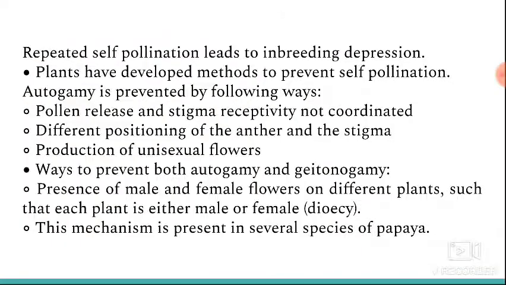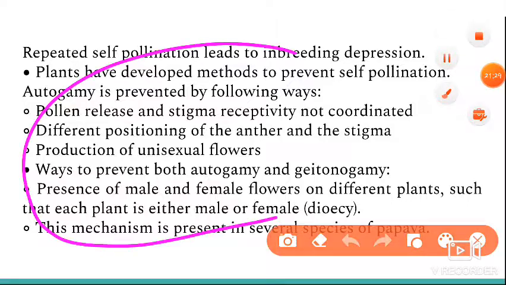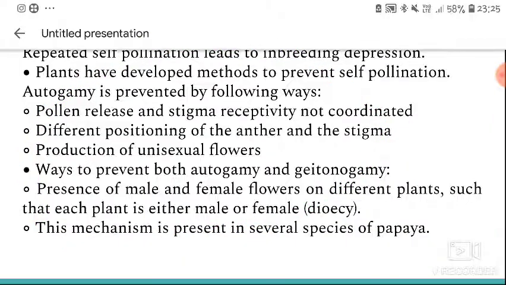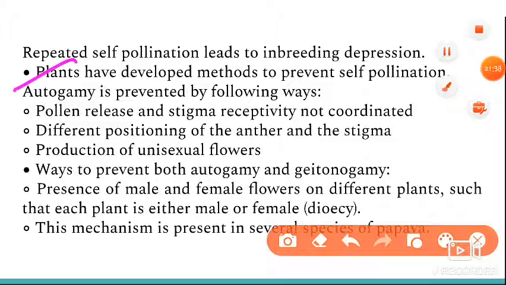These are the points I explained till now. You can remember or refer to all these points. Just go through these points, and along with that go through the NCERT textbook, and it is very easy to understand the concept. I hope all of you understood outbreeding devices.